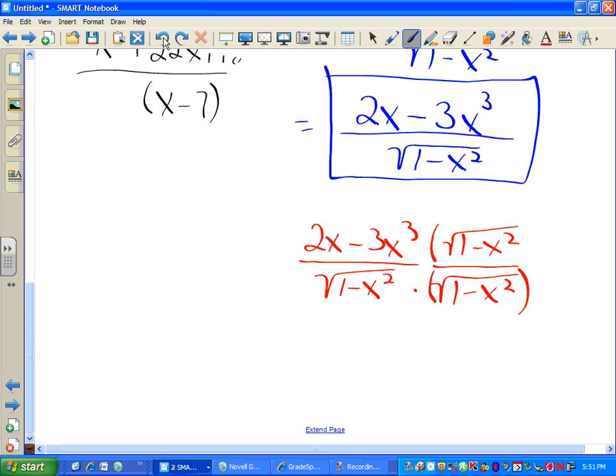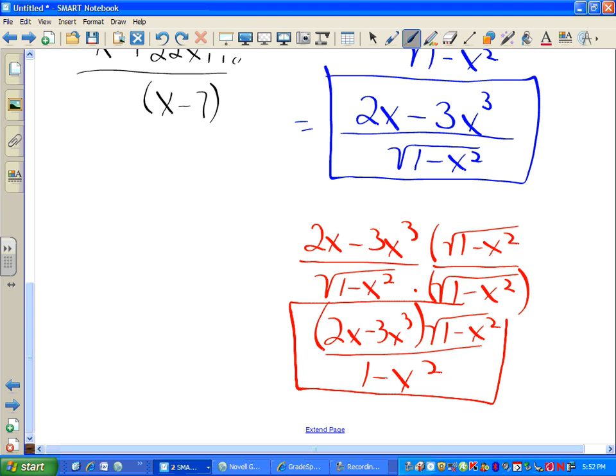Just like we just discussed, this square root times this square root is just itself. And so 2x minus 3x cubed times the square root of 1 minus x squared would be your rationalized answer that it would be nice to be able to recognize.